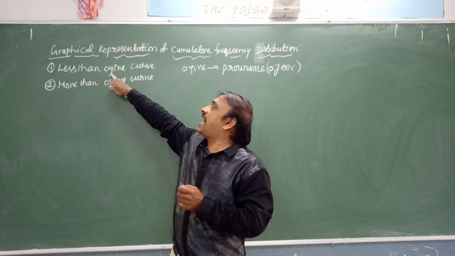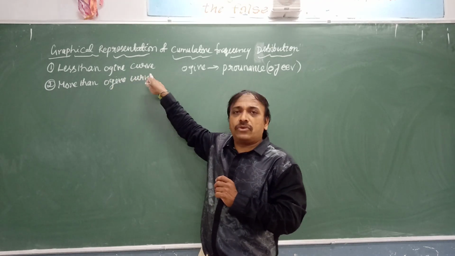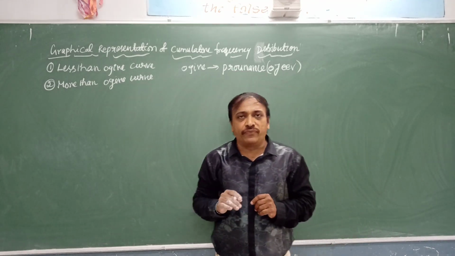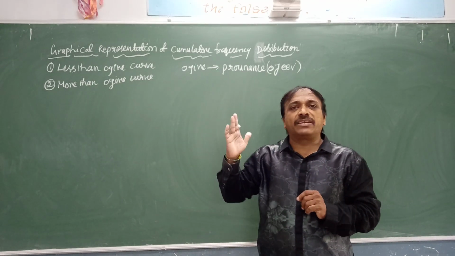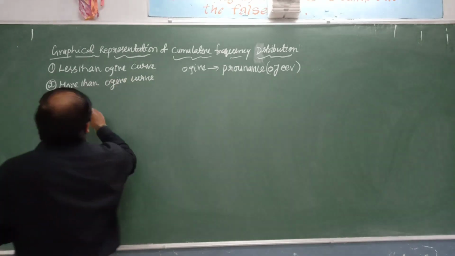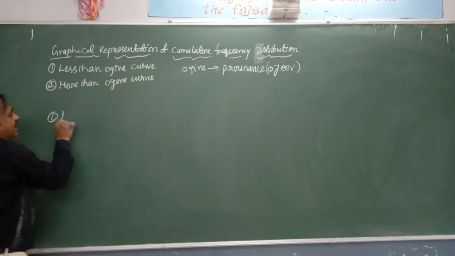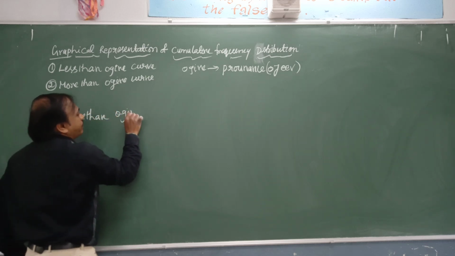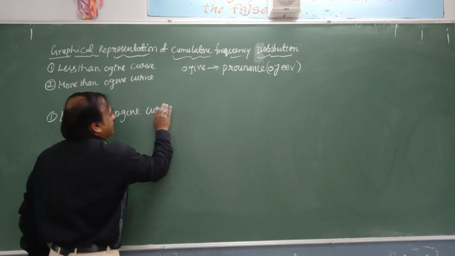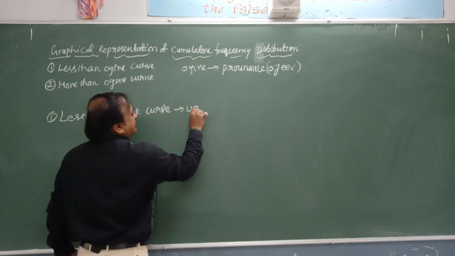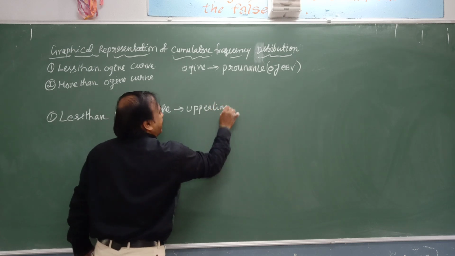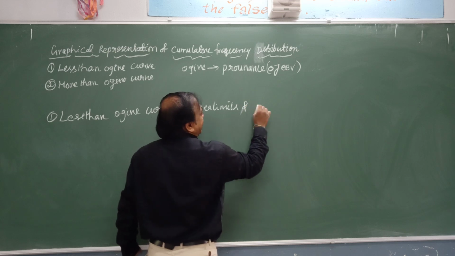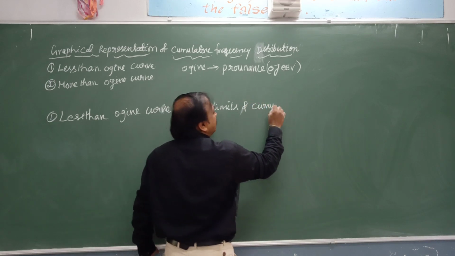For the less than ogive curve, we use the upper limits of the class intervals and the corresponding cumulative frequencies.